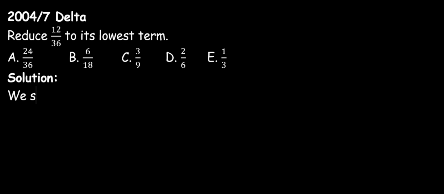Solution. We simply cancel out gradually till there is no more common term. Thus, 12/36 will be equal to 3/9. 4 divide 12 will give you 3. 4 divide 36 will give you 9. And 3 can now divide through. 3 divide 3 will give you 1. 3 divide 9 will give you 3. That's why you have 1/3 there.